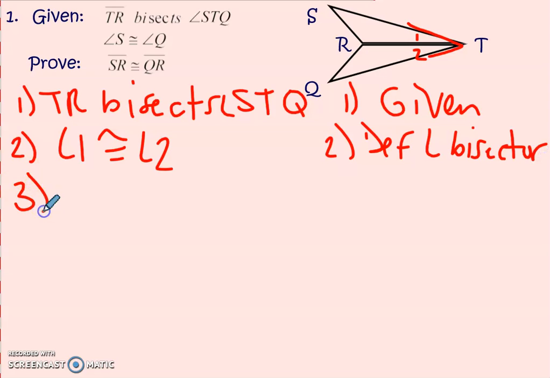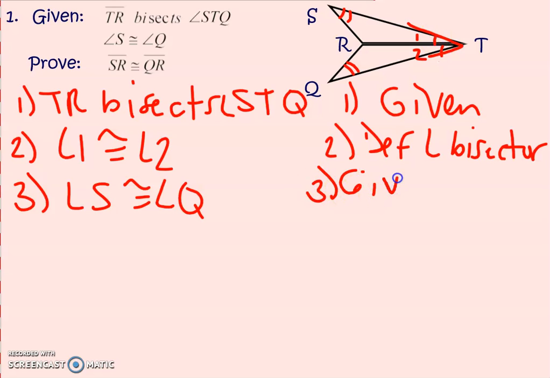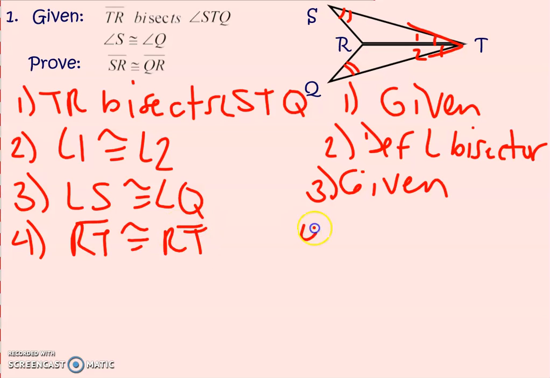We are given that angle S is congruent to angle Q, so there's our second piece. And that was given to us. We always need a side, so our side would be the shared part, segment RT to RT, using the reflexive property.